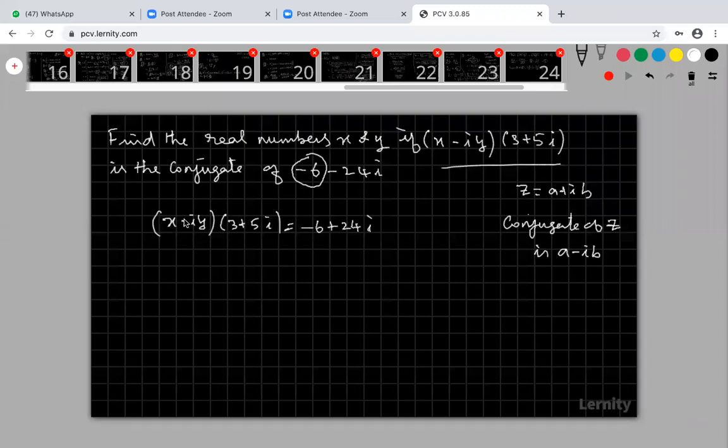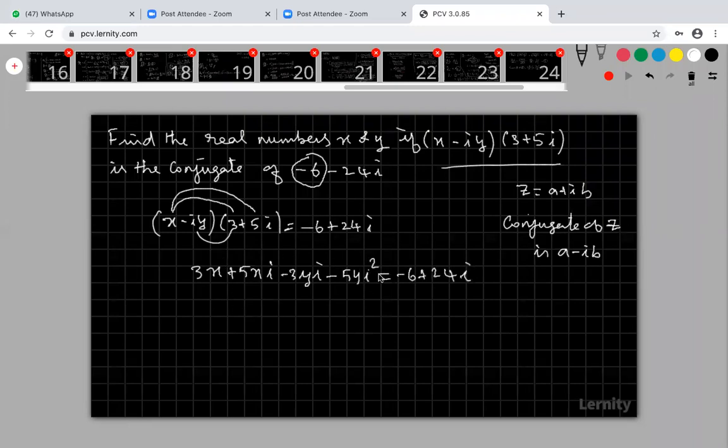Now simplify this, multiply this. This is 3x plus 5, multiply this 5xi and multiply this minus 3yi. So this is minus 5yi square, equal to minus 6 plus 24i.